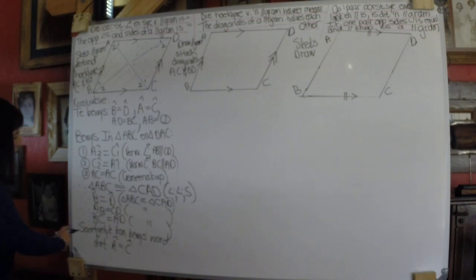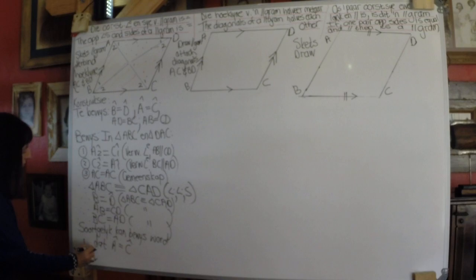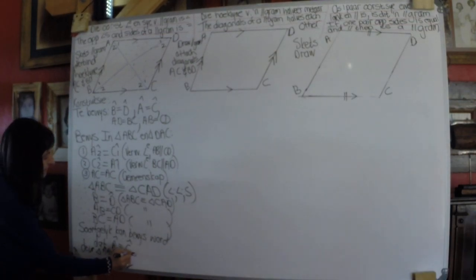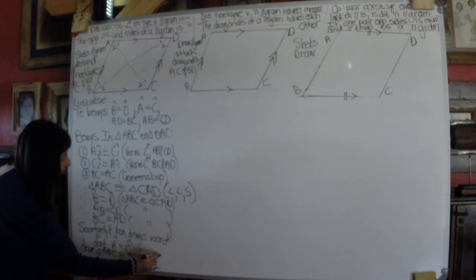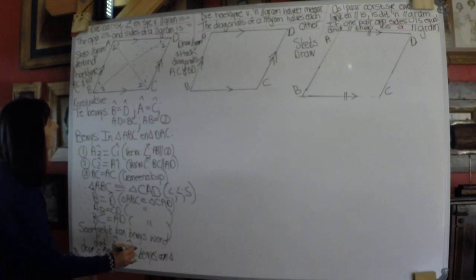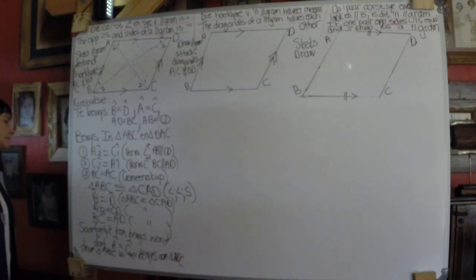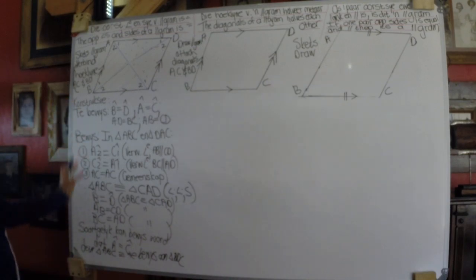Jy kan ook sê, soortgelyk kan bewys word dat hoek A gelyk is aan hoek C deur driehoek ABD kongruent te bewys aan driehoek BDC. Goed, so dit is ons eerste bewys.